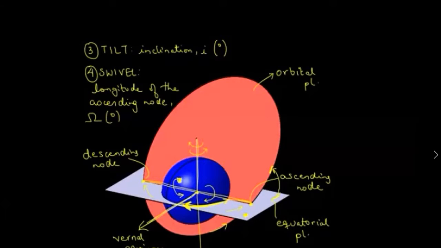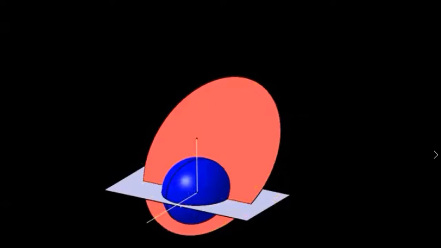We have determined the size and the shape as well as the orientation. So we have completely determined the orbit itself. But if there is an object in this orbit, we still haven't figured out how to position it and how to locate it. We'll do that now.